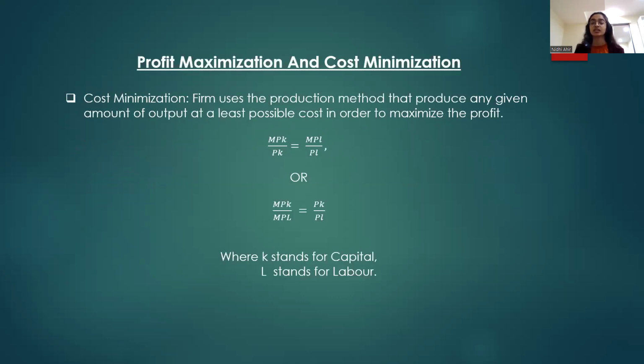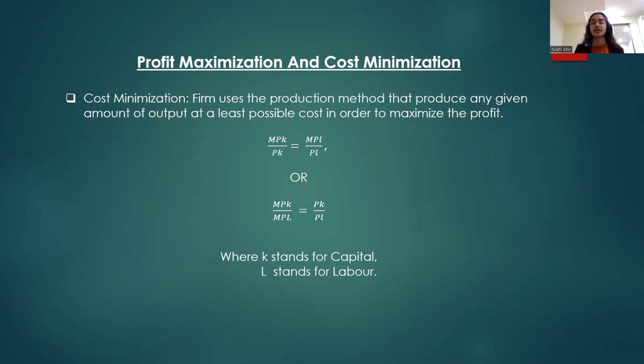Profit maximization and cost minimization. Cost minimization: the firm uses the production method that produces any given amount of output at the least possible cost in order to maximize the profit. We can calculate the profit maximization and cost minimization with the use of these two formulas.